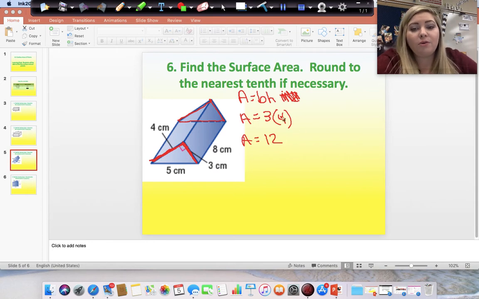So, in a triangular prism, you've got 1 rectangle for 2 of the ends. That's 2 triangles equals 1 rectangle. So, I'm going to find the base times the height, and that's going to give me the area for both of these.